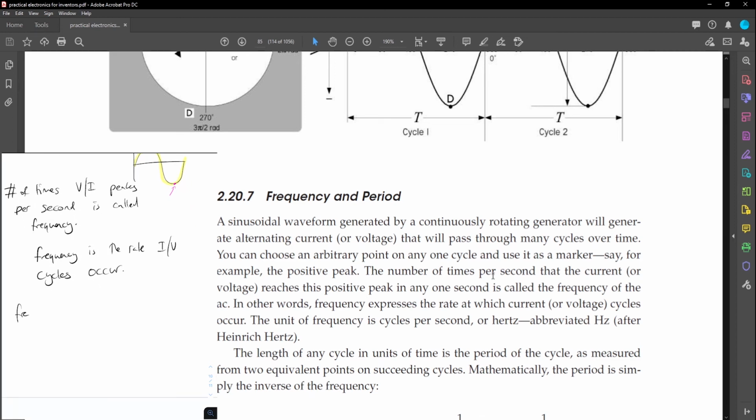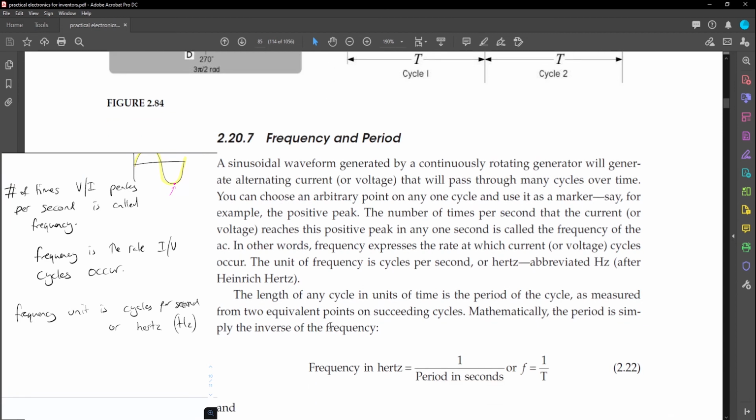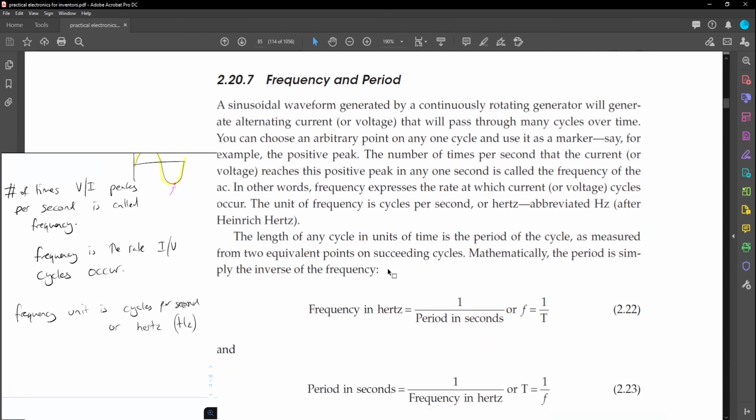So frequency unit is cycles per second or hertz. After Heinrich Hertz. The length of any cycle in units of time is the period of the cycle.